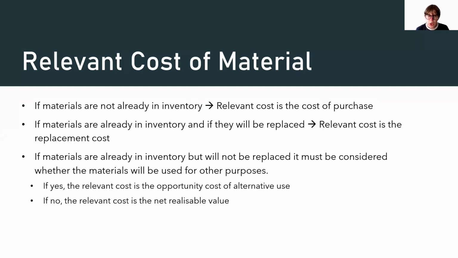If the materials are going to be used for something else, the relevant cost is going to be the opportunity cost for using it in an alternative way. If the material is not going to be replaced, nor is it going to be used, the relevant cost is therefore going to be equal to the net realizable value.